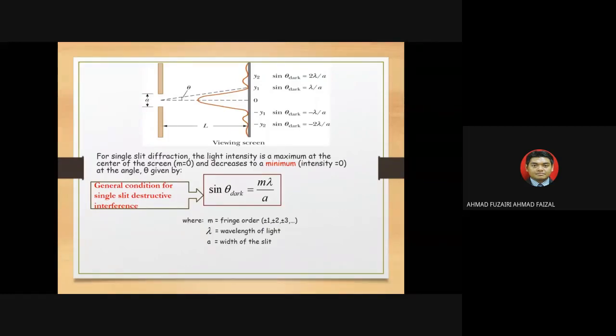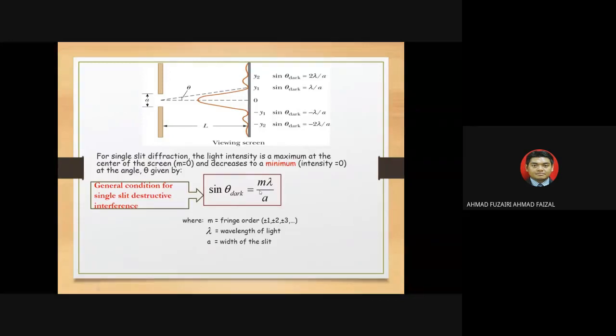If you compare this equation to the equation in double slit, the same equation is applied to locate or to determine the position of bright spots in double slit. So in single slit, this equation is once again applied to locate the position of dark spots.